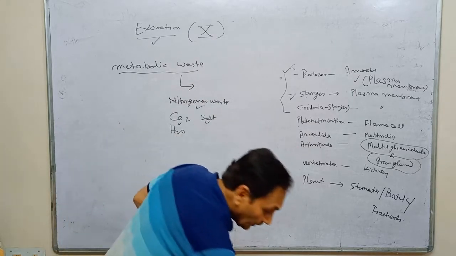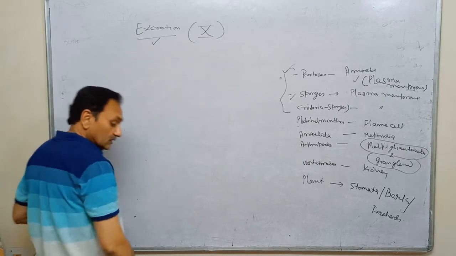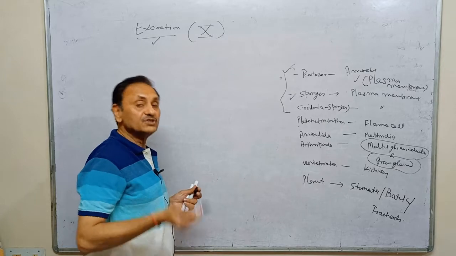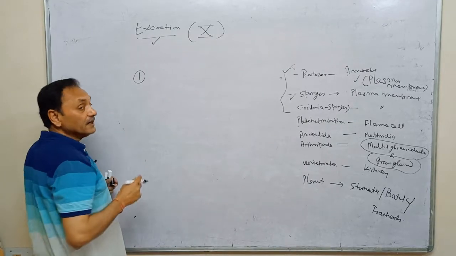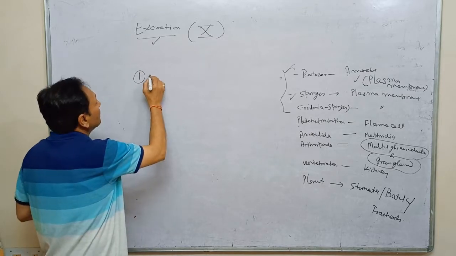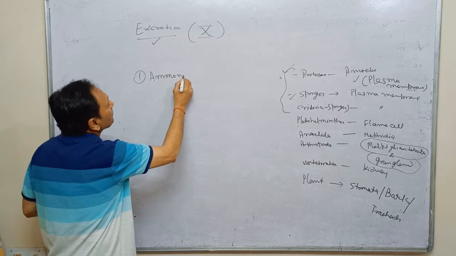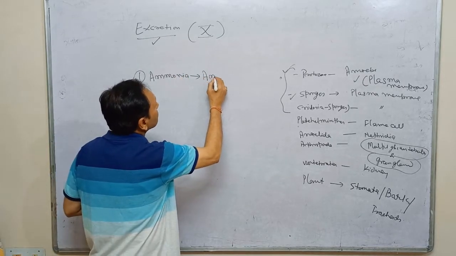Now, as I just told you, on the basis of the nitrogenous waste, excretion is of many types. Number one, if the nitrogenous waste is ammonia, the individual is called ammoniotelic.